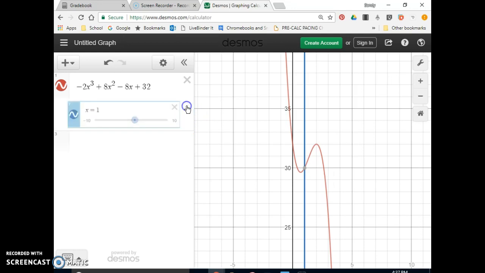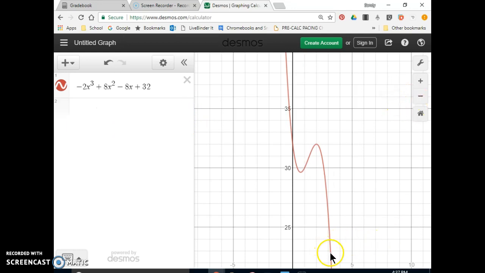If I don't have that vertical line in there, so I'll just delete this, if I trace my graph until I get to the x-coordinate of 1, so I'm just following this until I get to 1, by tracing it, you may not be able to get to exactly 1. It depends on how good you can trace here. But you can see that right there, it's 1.02, 30.041.